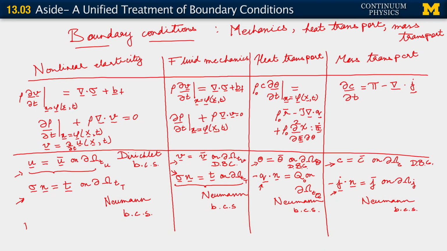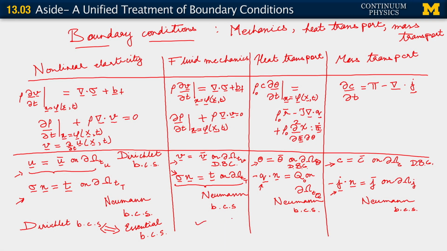That nomenclature of essential boundary conditions came from the context of the variational treatment. So people will often refer to any Dirichlet boundary condition interchangeably as essential boundary conditions. And when we did the variational principles for nonlinear elasticity, we saw why we may want to call them essential boundary conditions.